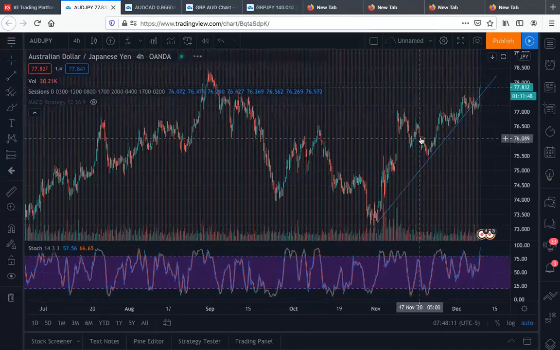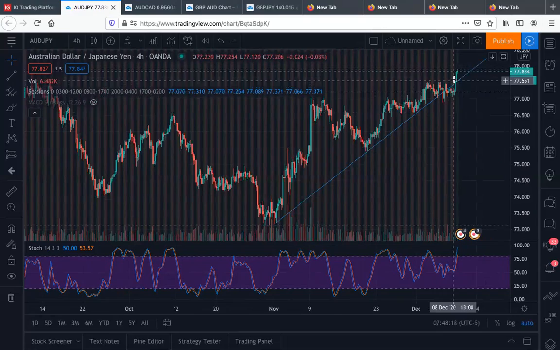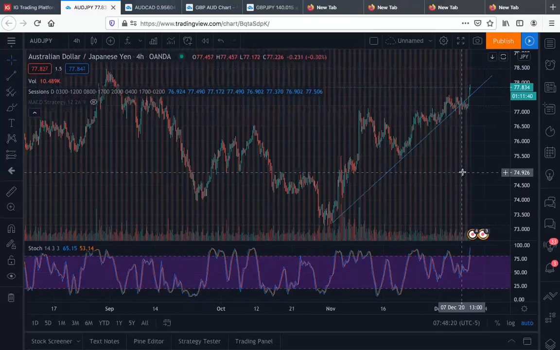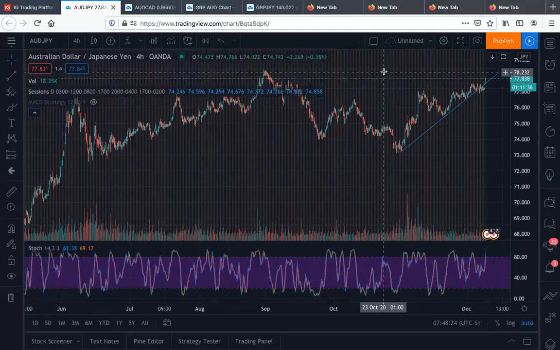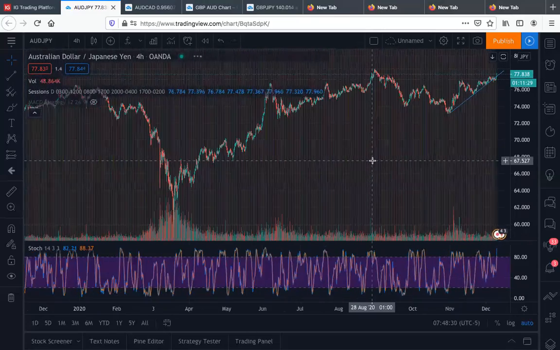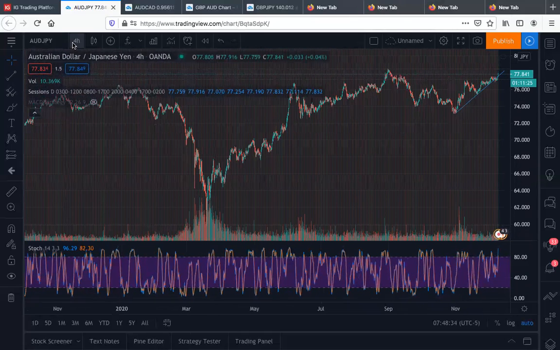So again, as you can see, price broke that trend line like it was going to come down, and then it ended up shooting right back up into the trend. All right. So like we were saying, price could come back up a little bit more before this trend is ultimately broken. All right. So again, we want to see that.